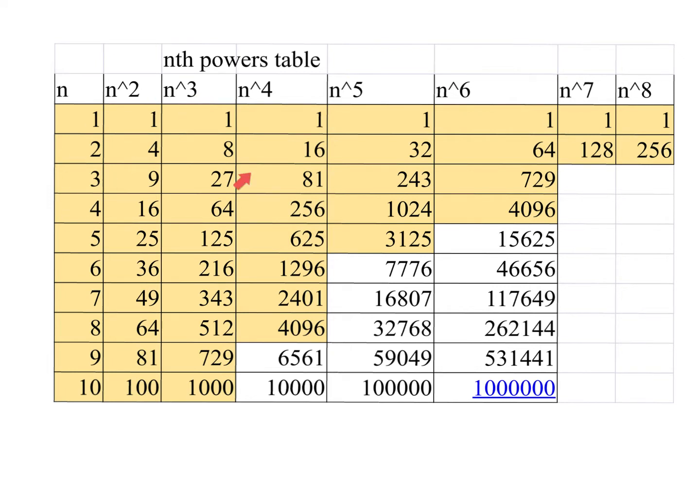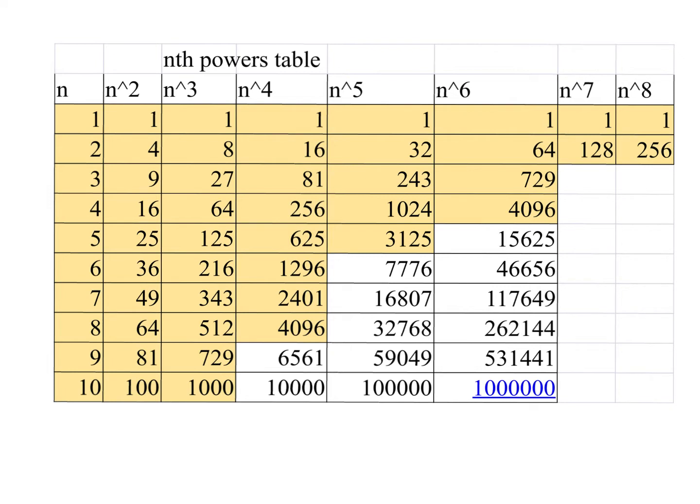Okay, so this is how we end up using these powers tables, because we're talking about nth roots and nth powers this unit, which means we're going to be doing not just the cube root, but the fourth root and the fifth root and the sixth root.